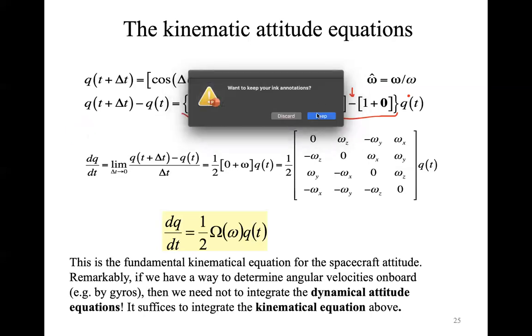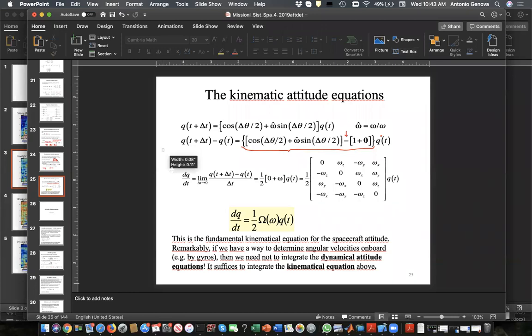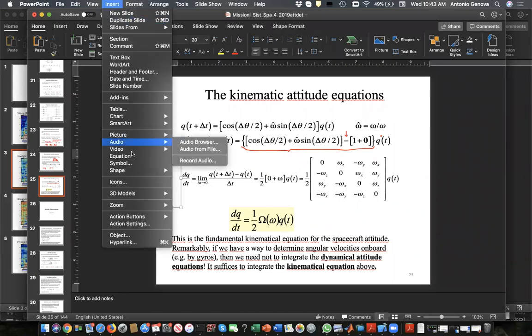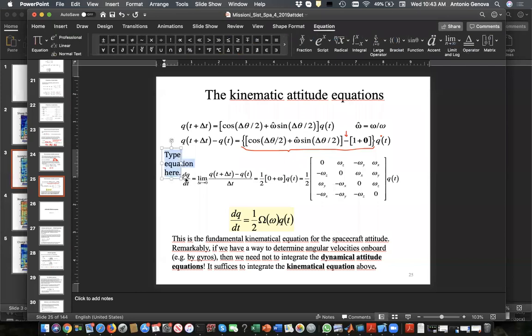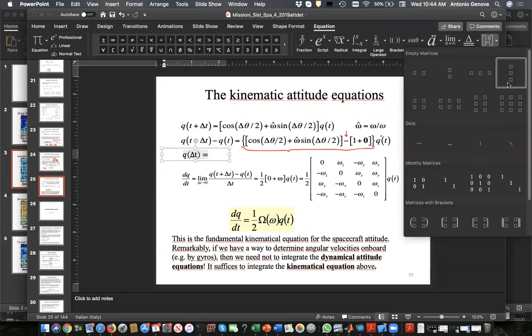Okay, so let's insert a text box. So that will be the equation. The first quaternion, that will be our q delta t, is equal to, so it will be like a vector 4 by 4. So let's do it in this way.